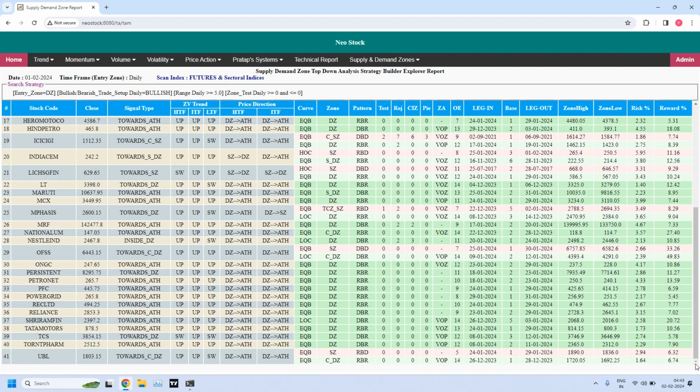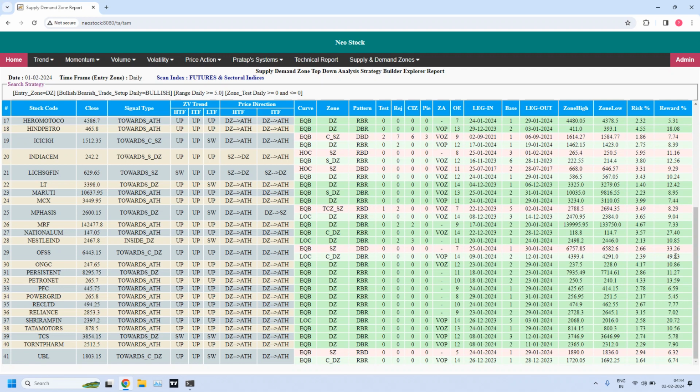But here all these stocks are fresh demand zones. And the reward is also, see, for all these demand zones a minimum 5% is there. Some are having even 10%, 11%. See here, one stock is having 49%. That is too much. Maybe it could have crashed from the supply zone and reached.